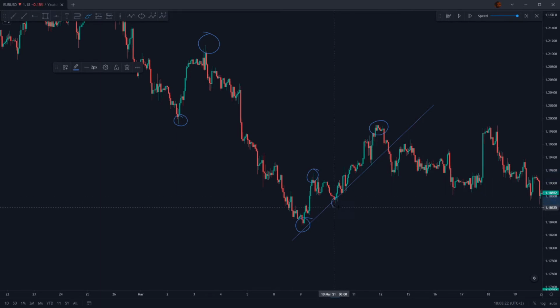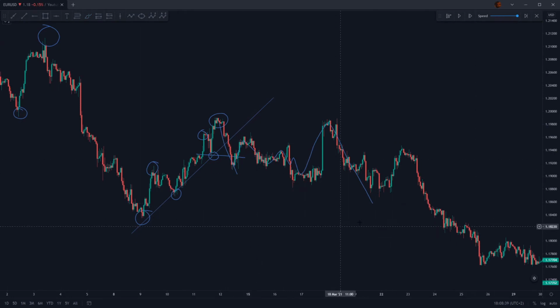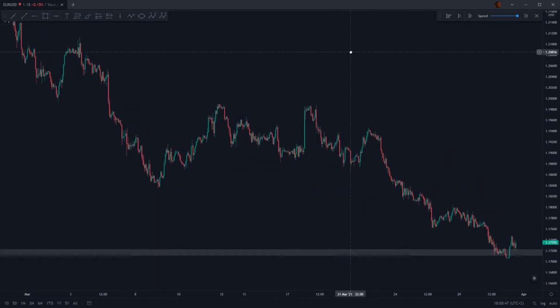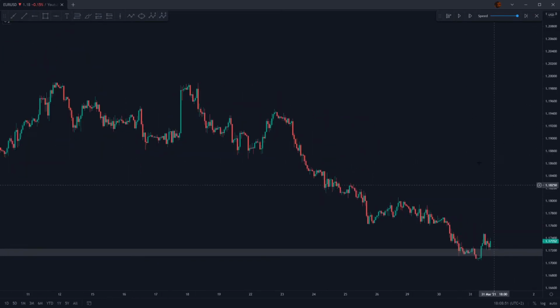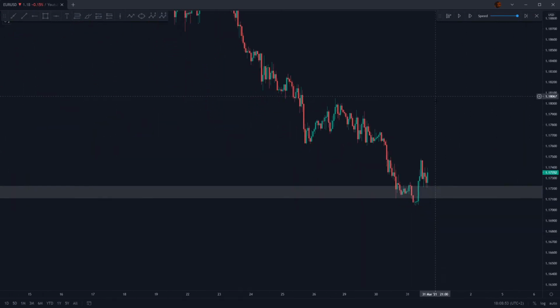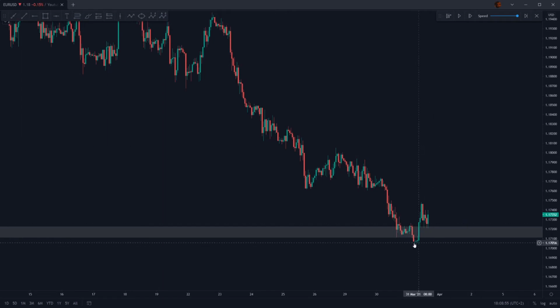We had a high, a low, a higher high, a higher low, and then once again a higher high. Once the trend got broken to the downside by breaking this low over here, we could see that we consolidated and eventually continued towards the downside. So with that in mind, we can understand that it is possible to take buys during higher time frame downtrends. So why did I take a buy in this specific scenario?